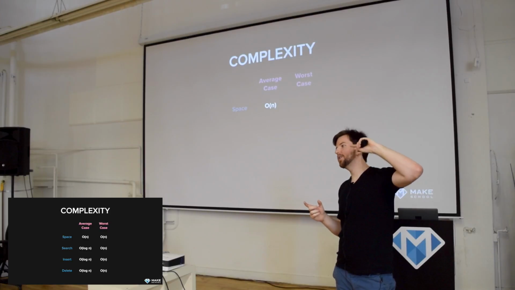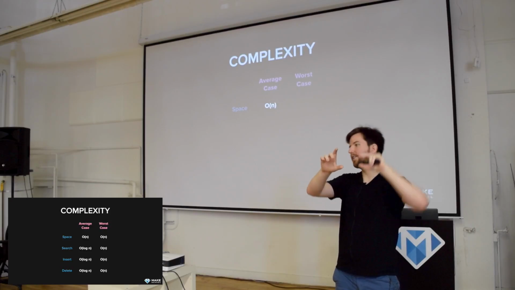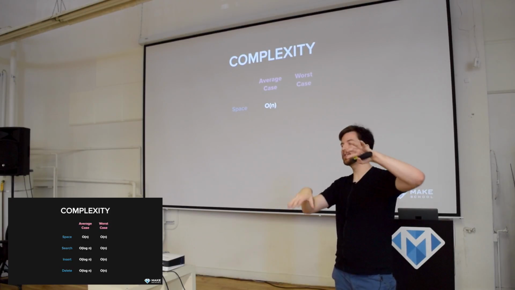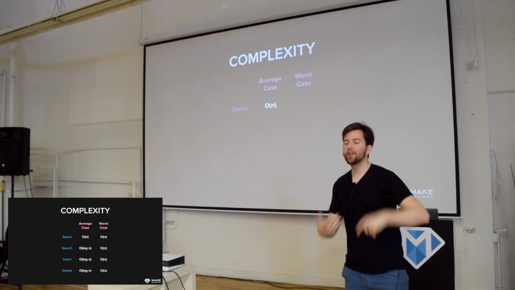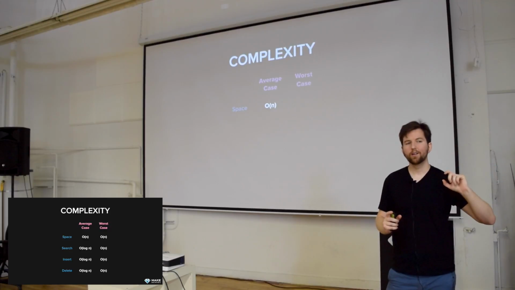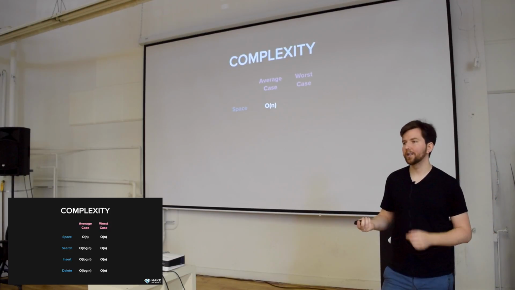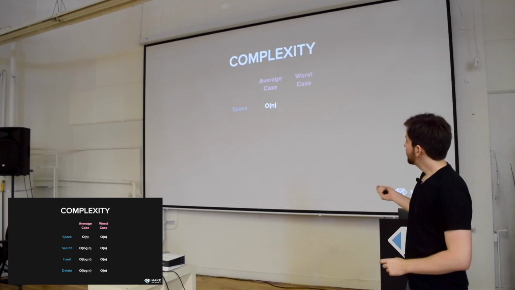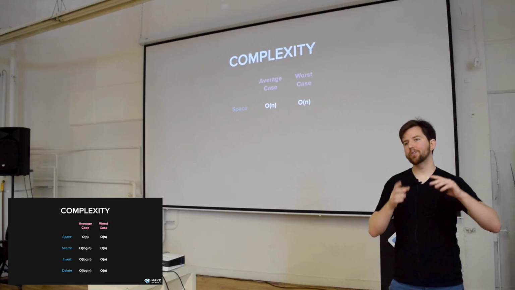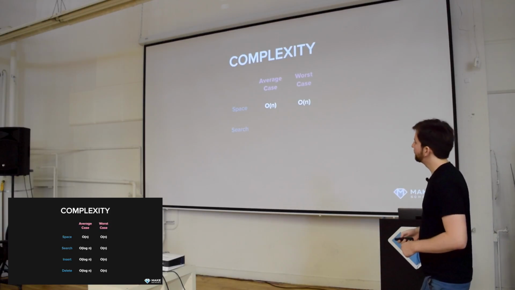So if our tree, the root node, has value 12, then it has a child with value 10, and that has a child with value 7, and that has a child with value 5, but none of those have any other children. Suddenly, our binary search tree is actually just a linked list, because everything only has one child, so now it's a linked list. So the worst case in space is still O of n, because there's still only one node per element in the tree. What about searching?